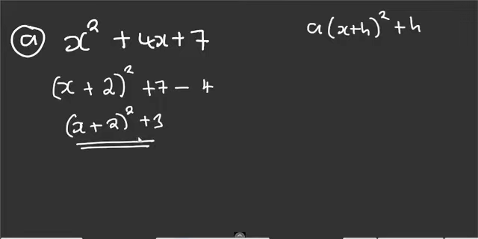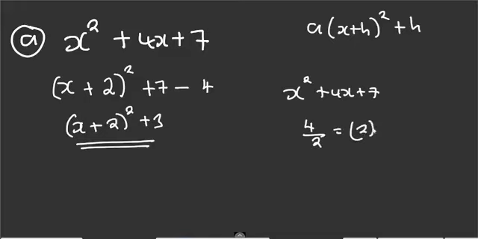Now let me just explain it in simple terms in case you don't understand where these are coming from. If you are using the completing the square method and you have x^2 + 4x + 7, normally what we do is we get the coefficient of x in the middle here, which is 4. Then we divide this by 2, or multiply it by half. Once we do this, we'll get 2.